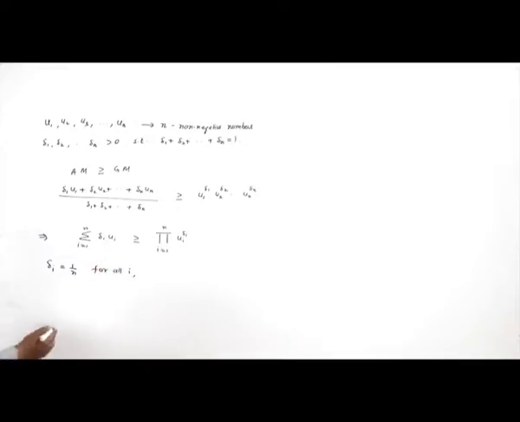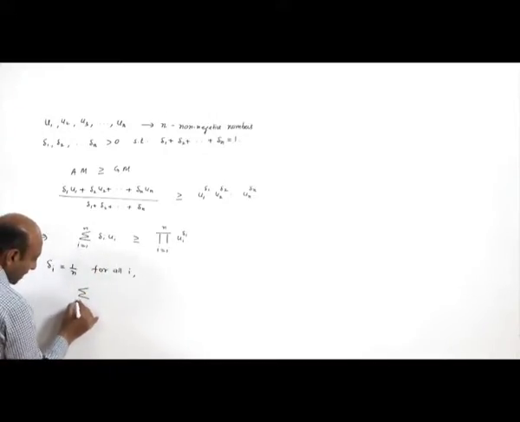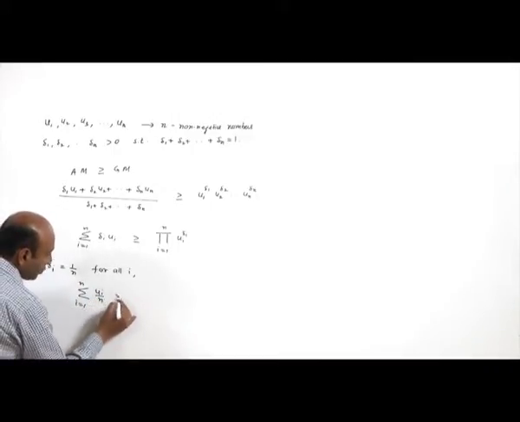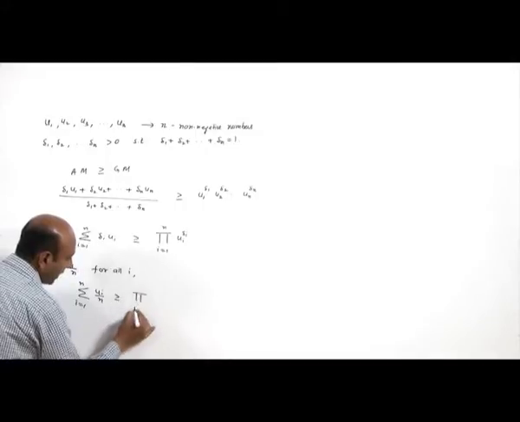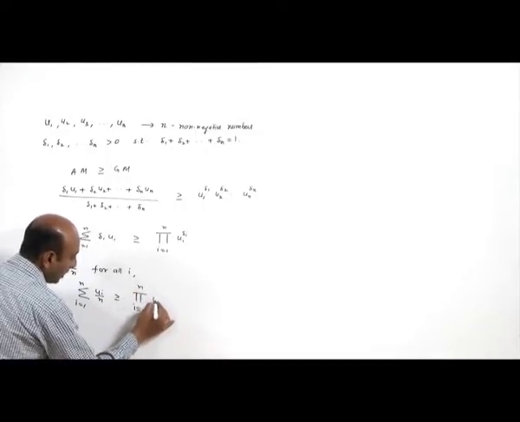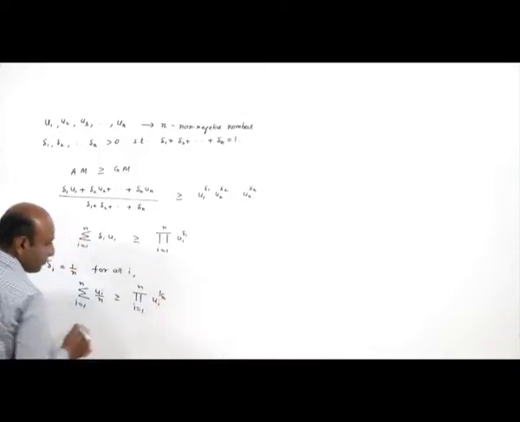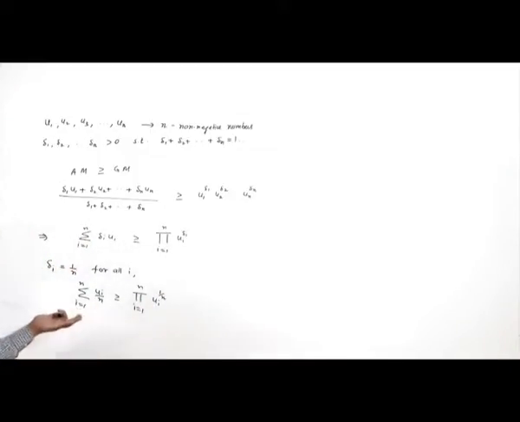If we substitute this delta i in the expression, we obtain the summation i from 1 to n of ui upon n, greater than or equal to the product over i from 1 to n of ui raised to power 1 by n. That is the simple arithmetic geometric inequality.